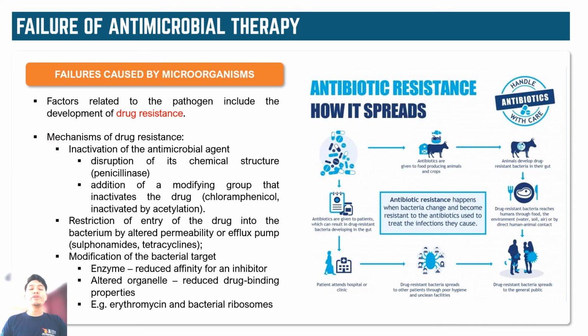The most common reason for failure of antimicrobial therapy is drug resistance. The mechanisms of drug resistance can be broadly divided into three groups. The first one is inactivation of the antimicrobial agents. The second one is restriction of entry of the drug into the bacterium by altering the permeability or through an efflux pump, such as with sulfonamides and tetracycline.